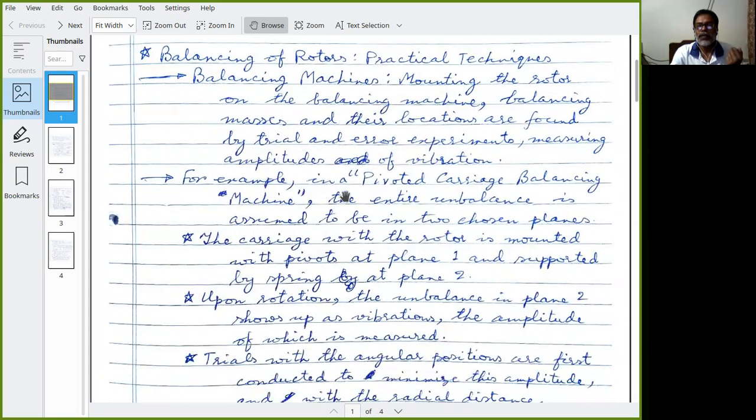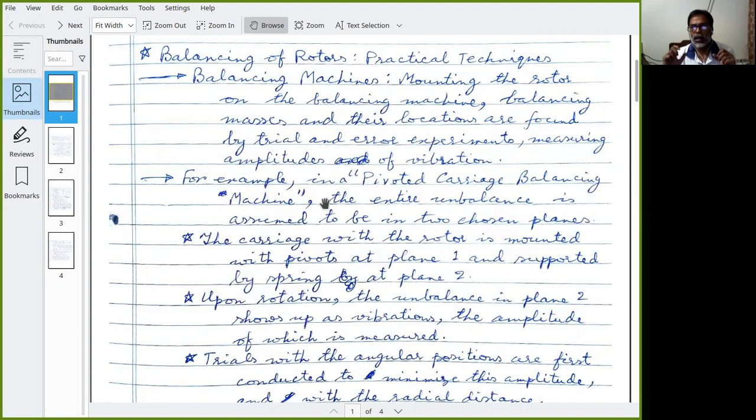In one kind of balancing machine, the pivoted carriage balancing machine, the entire unbalance is assumed to be in two chosen planes. Now, this is a standard thing in all the rotor balancing that we are going to handle, because with balancing masses only in two planes, we can balance anything. So that's what we do.